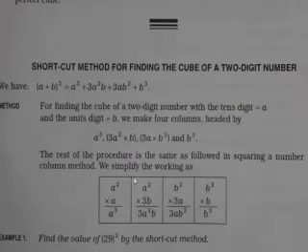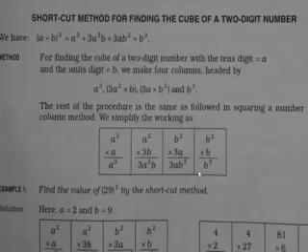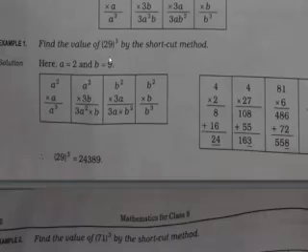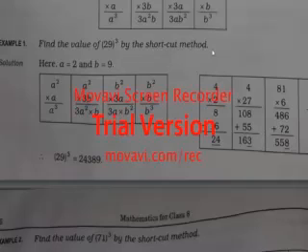We simplify the working as follows. Find the value of 29 cube by the shortcut method. So a becomes the tens digit 2 and the unit digit is 9. So no need to make this box.